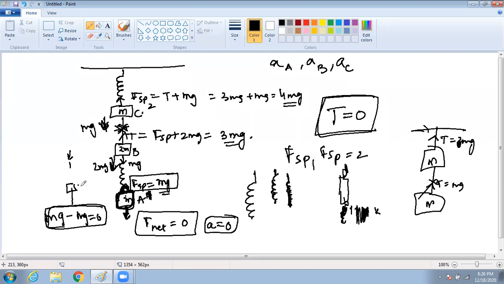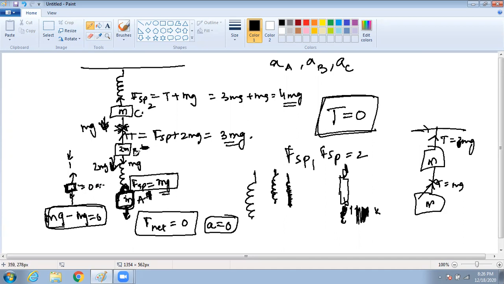For that particular moment, this will remain there only, because there is an upward force and a downward force. Both get cancelled, net force is 0, so acceleration is 0. Clear?